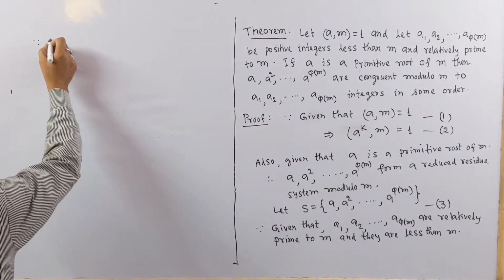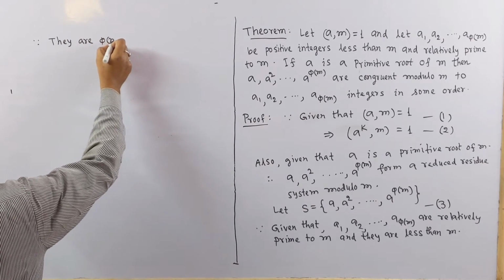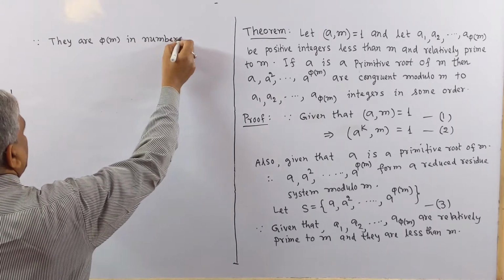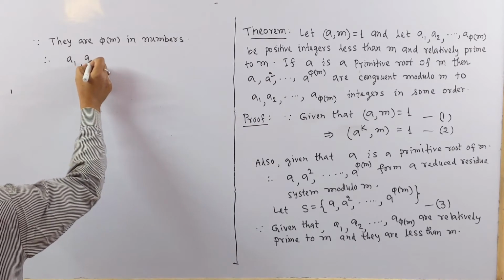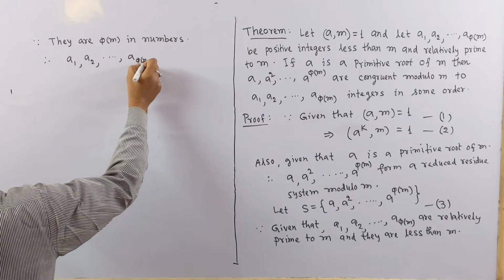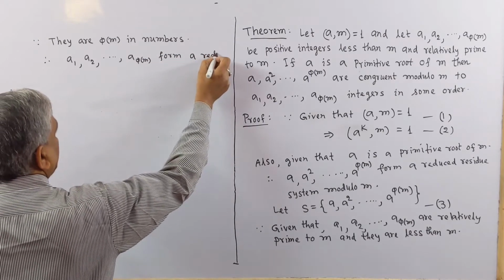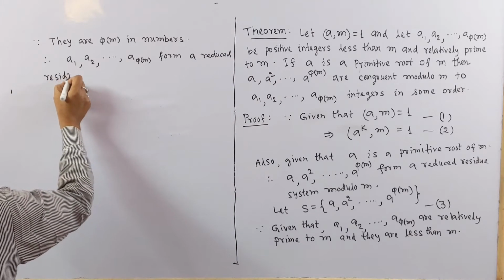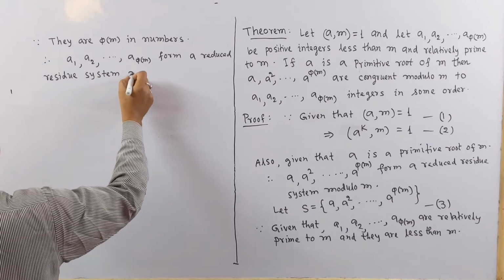Since they are phi m in numbers, therefore a1, a2, comma, dot dot dot, a phi m form a reduced residue system modulo m.